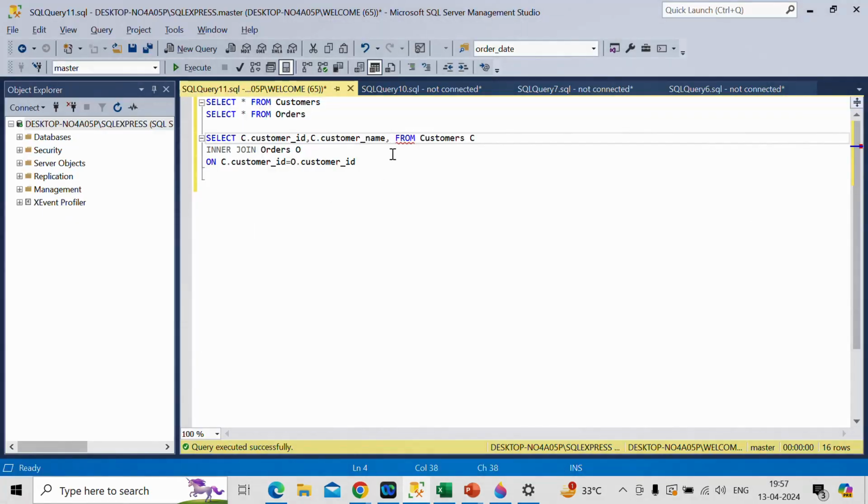The orders table alias is O, so O dot order ID, O dot customer ID. So we want these four columns, out of which these two are from the customers table and these two are from the orders table. So this is the syntax to write inner join.